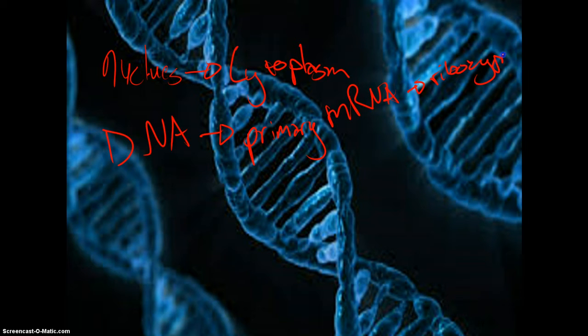Ribozyme is going to cut out introns, throw them in the garbage, and then you're going to have your mature mRNA that has only exons, and your exons are what are going to exit the nucleus.